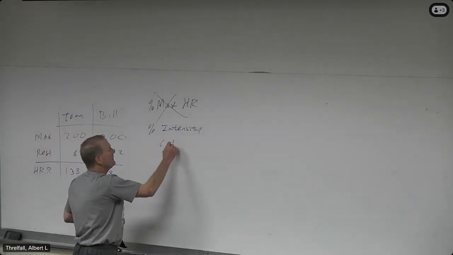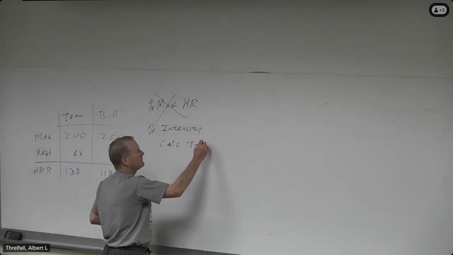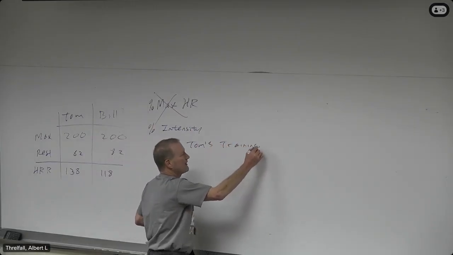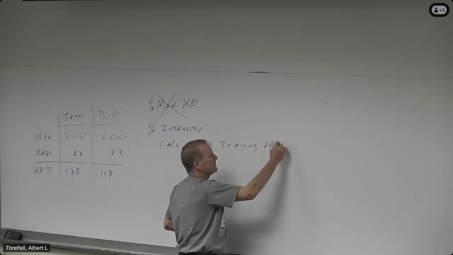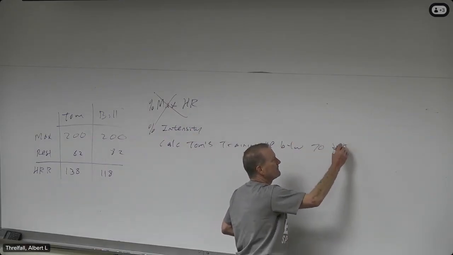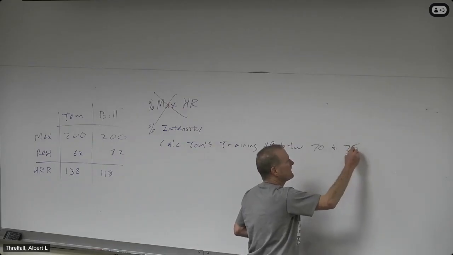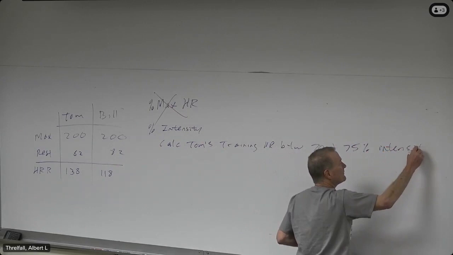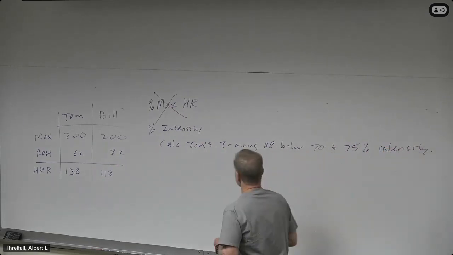So calculate Tom's training heart rate between 70 and 75% intensity.